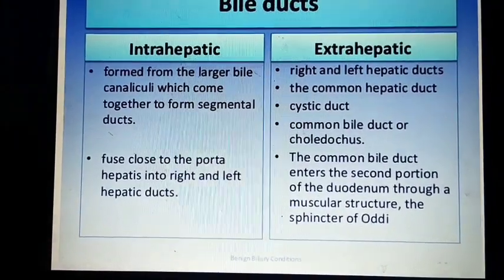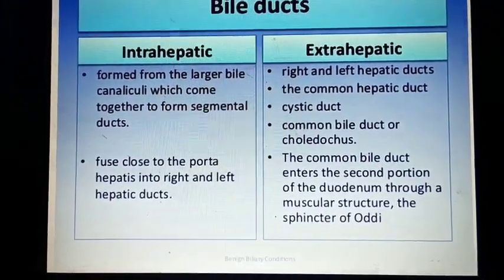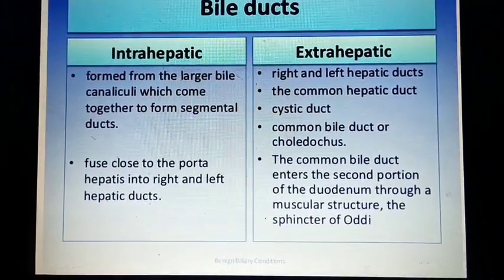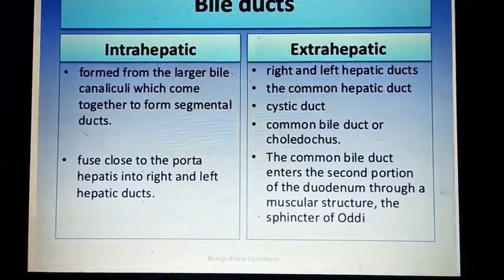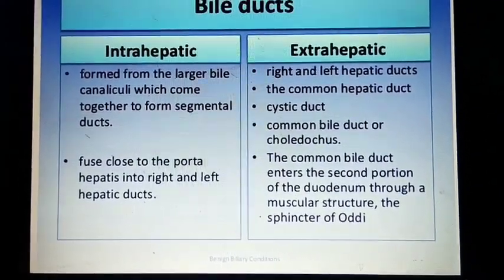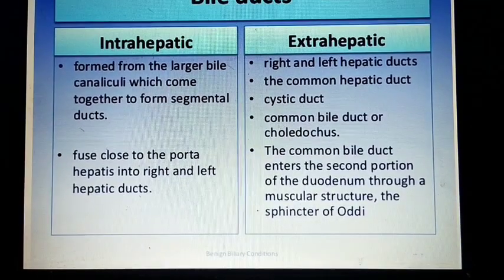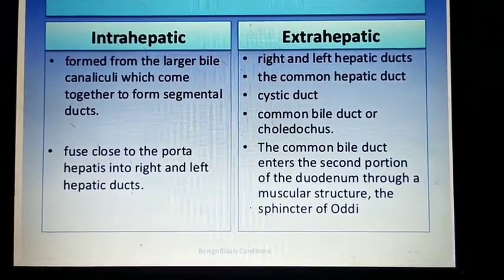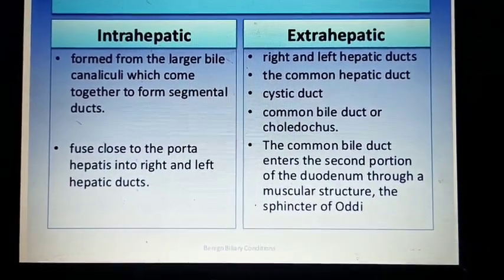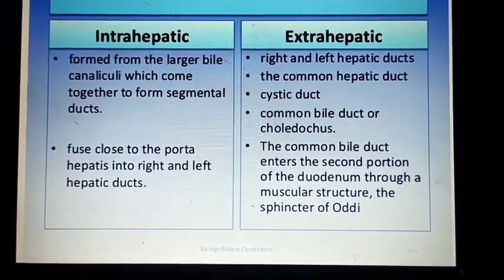These right and left ducts join together and form the common hepatic duct, which is joined by the cystic duct to form the common bile duct, or choledochus.